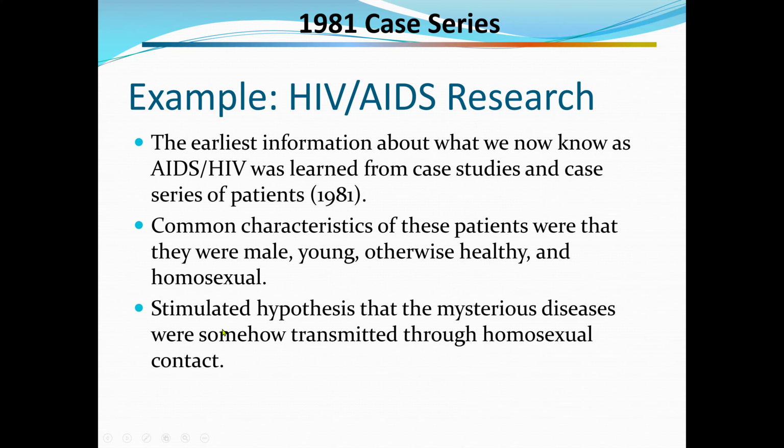So here it stimulated a hypothesis that the mysterious disease, in this case HIV/AIDS, was somehow transmitted through homosexual contact. This case series was done in San Francisco in 1981, when a couple of young, very strong, active men had a disease normally common among very old people, a severe pneumonia.